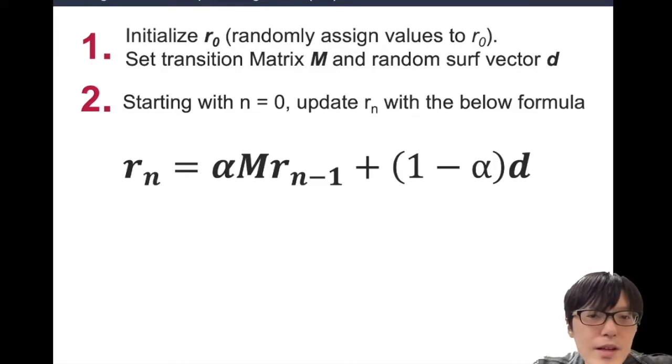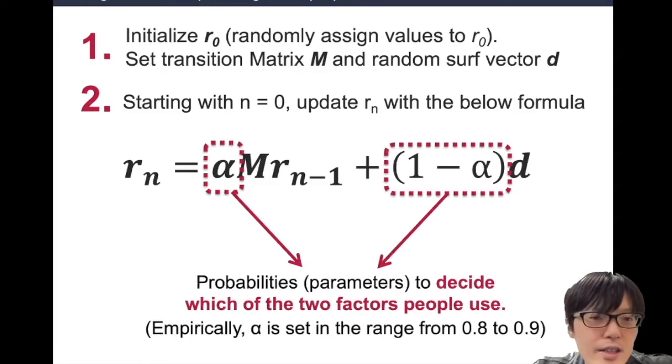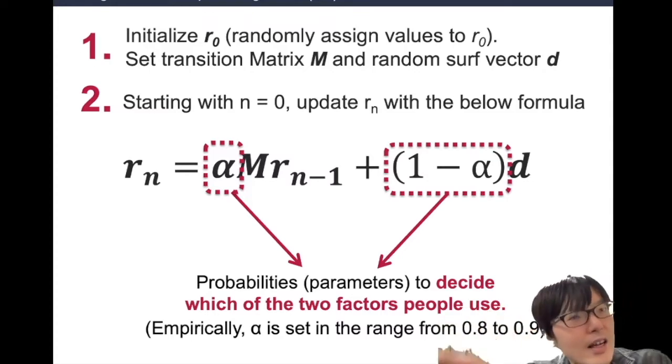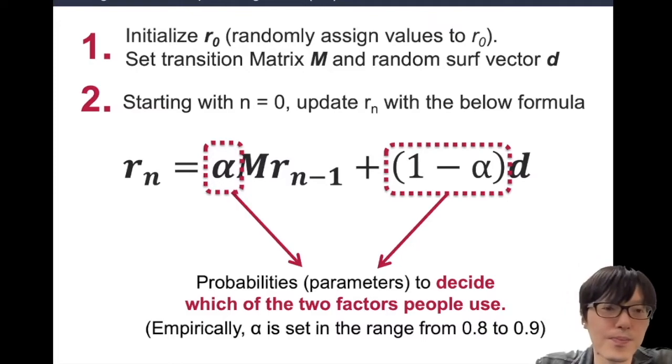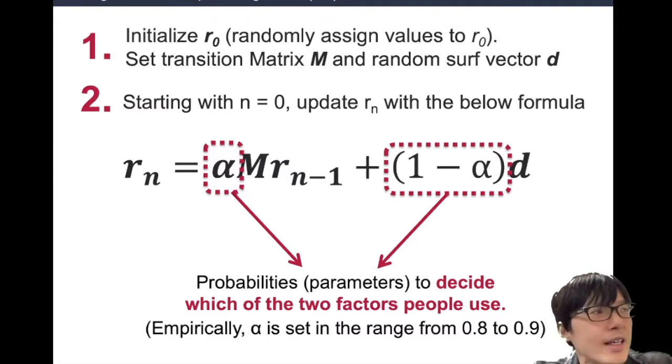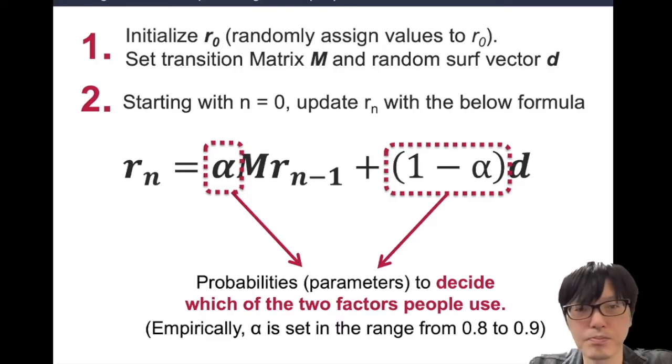By the way, what is this alpha? This alpha means the probability to decide which of two factors people use: the case of using the hyperlinks or the case of direct access to web pages. Empirically, this alpha is often set in the range from 0.8 to 0.9.